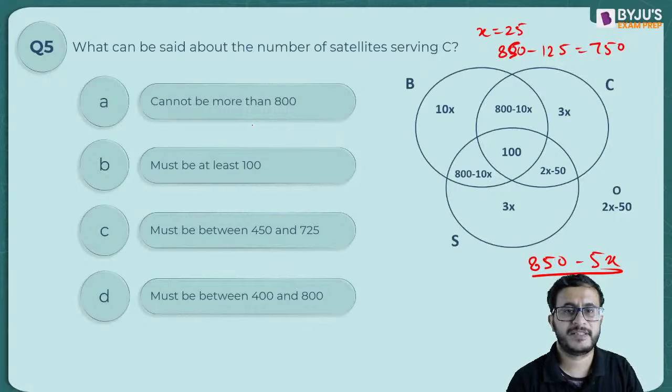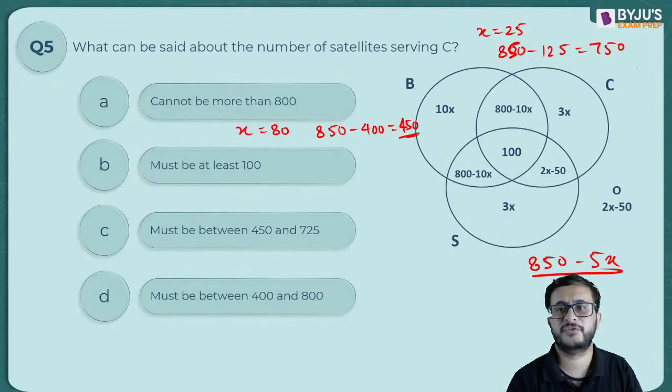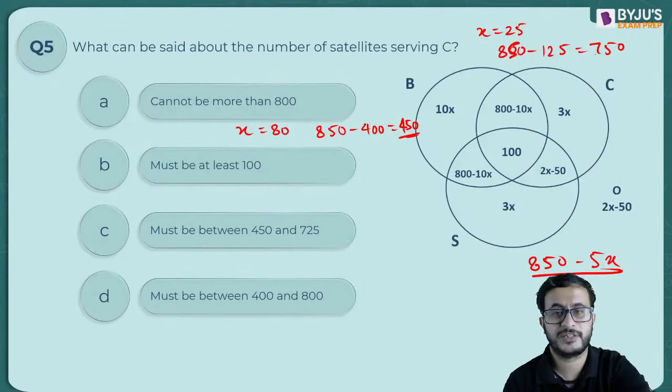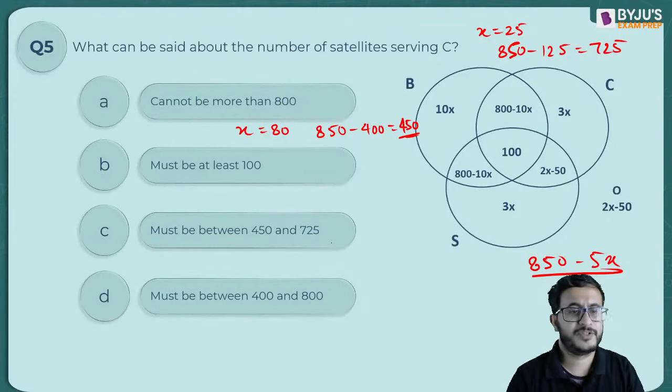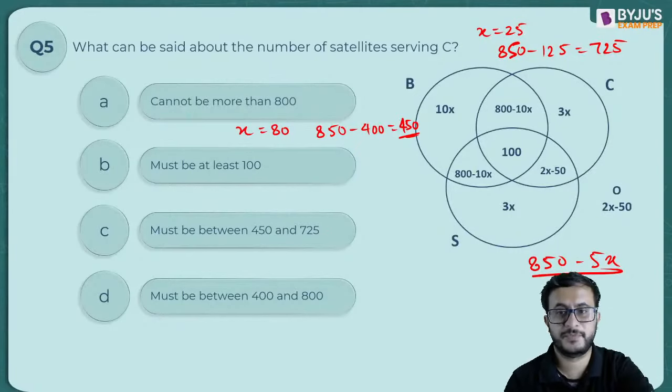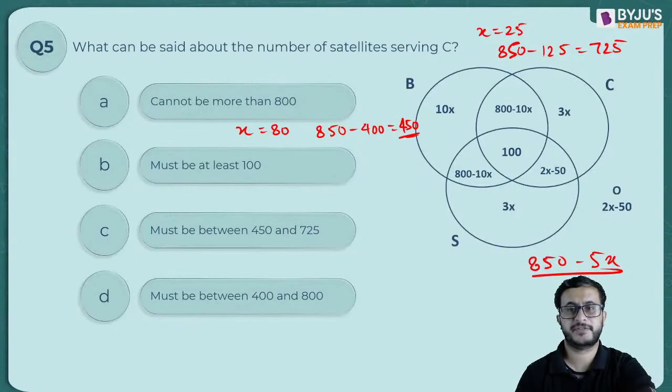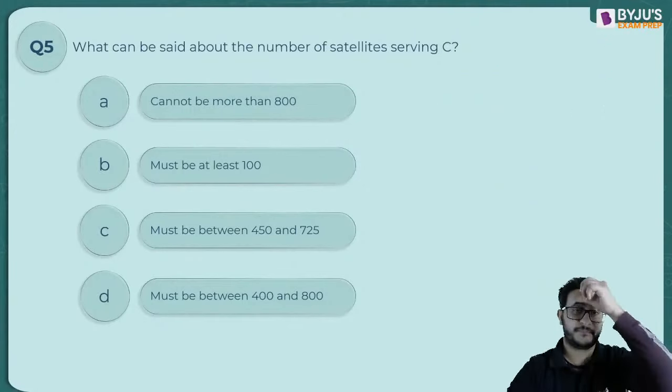If x is equal to 80, this number will be 850 minus 400, that is 450. So it is in the range 450 to 725. So this will be the range in which you will get these values. Okay, the answer is option C.